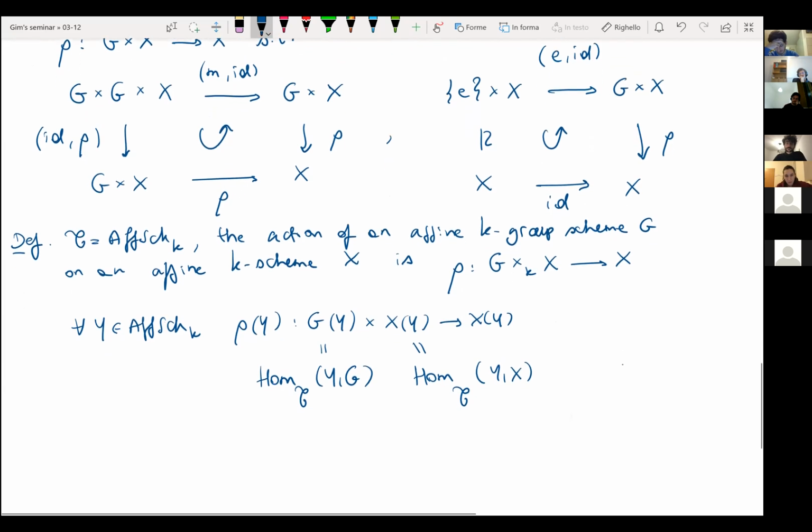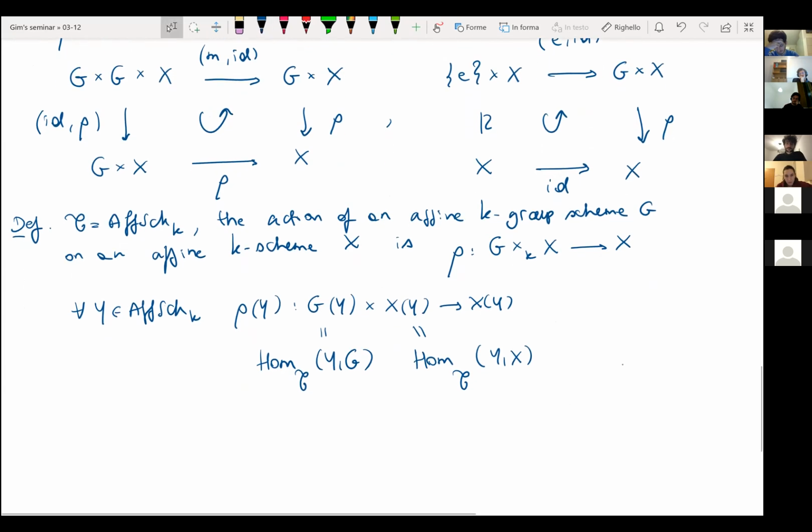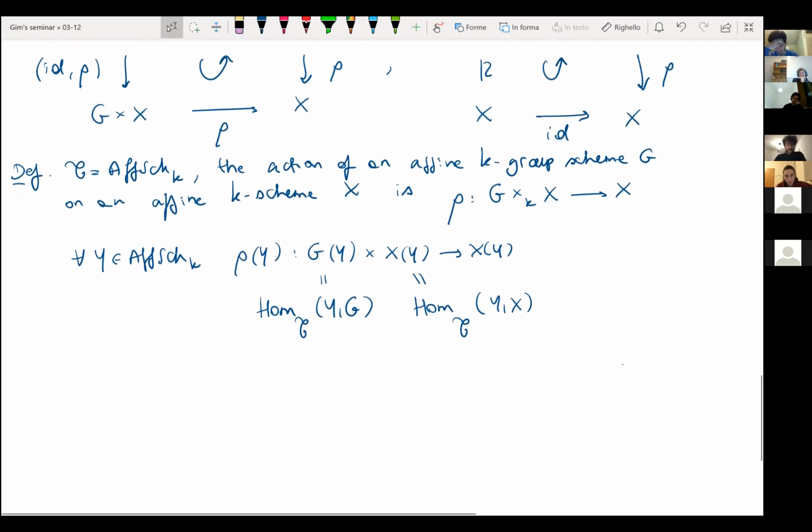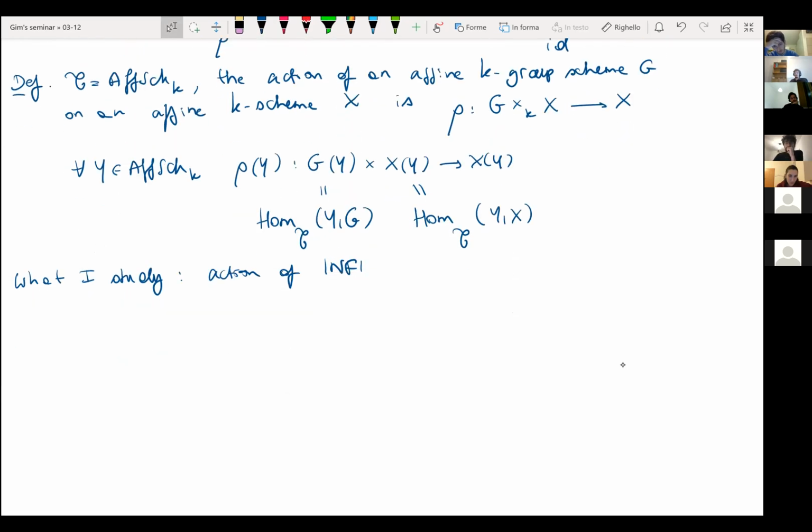Okay. So how is this linked to what I'm studying? What I'm studying are the actions of infinitesimal group schemes. So what is an infinitesimal group scheme?